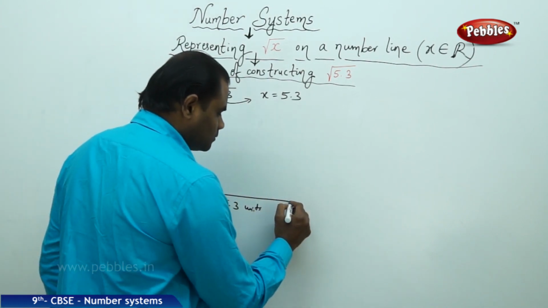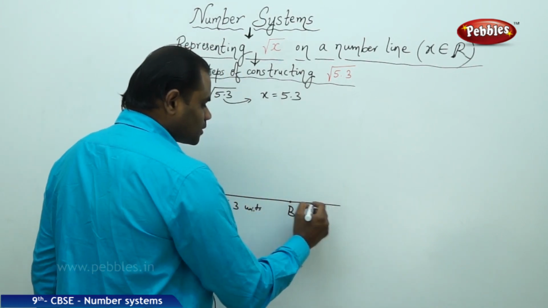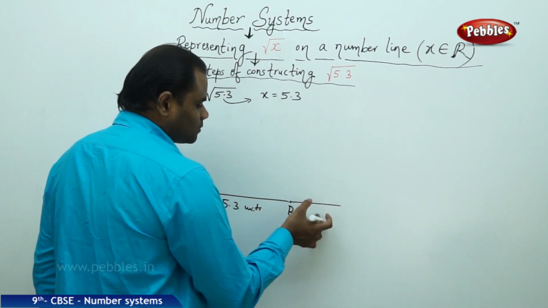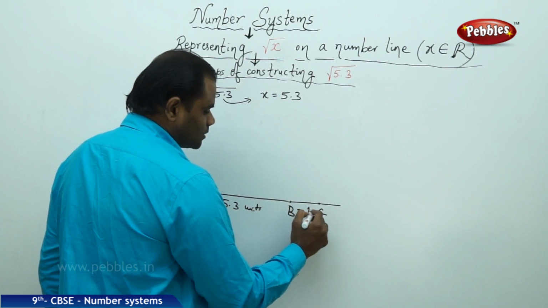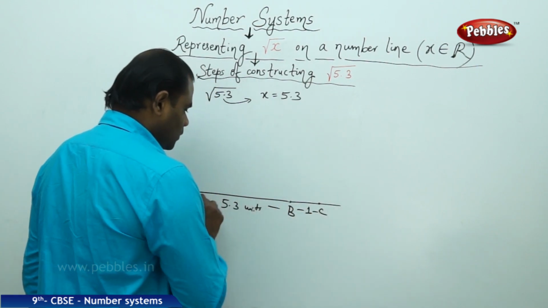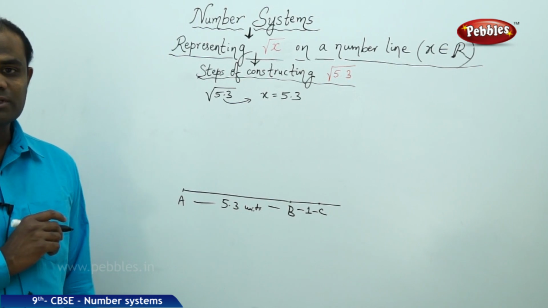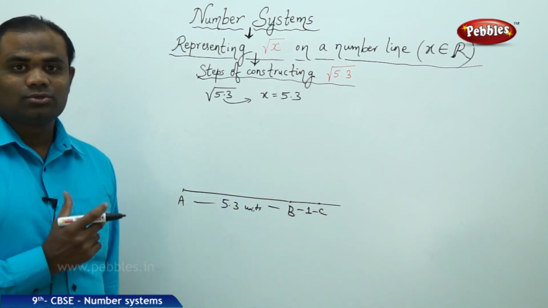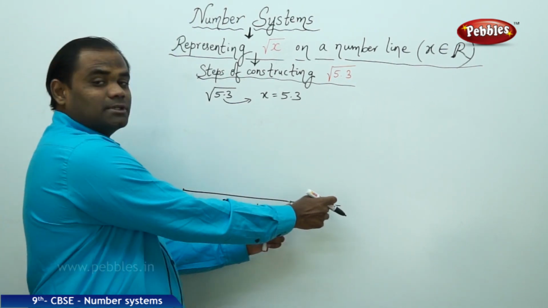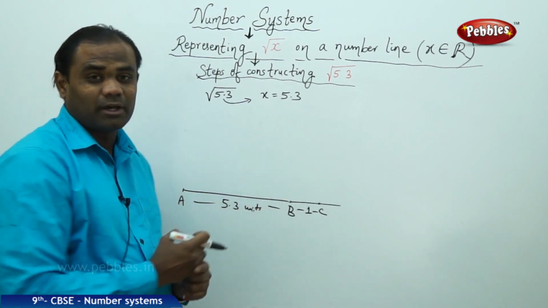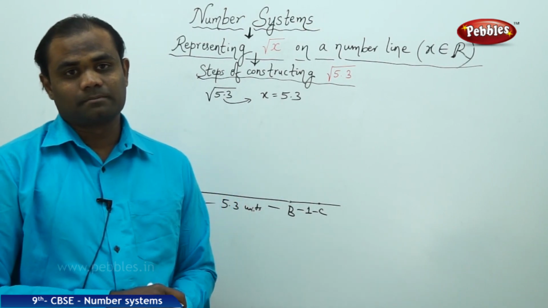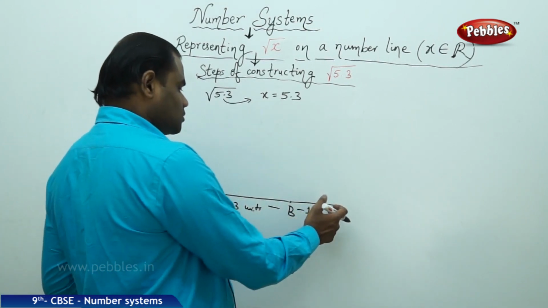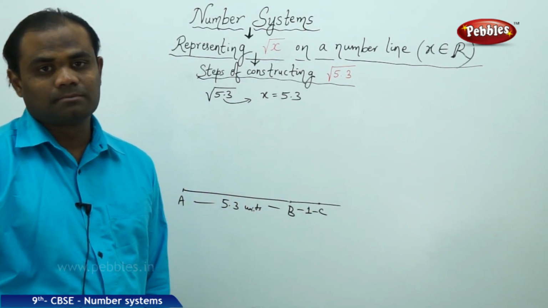Extend this line so that we take a distance of 1 unit and cut it on the number line. So this line segment AC has 2 segments, AB and BC, with the length AB equal to 5.3 units and the length BC equal to 1 unit, which totals 6.3 units.